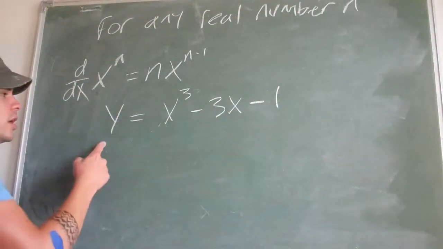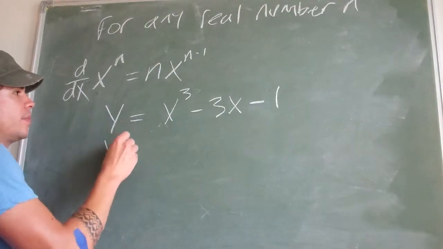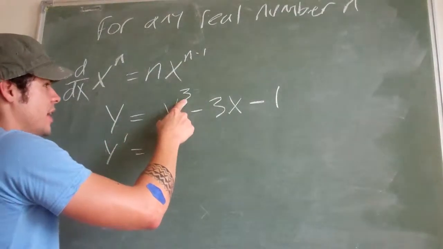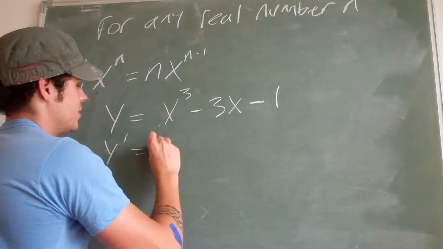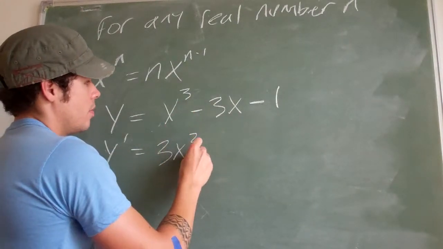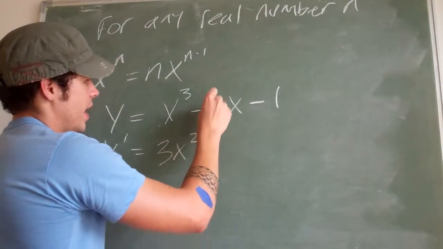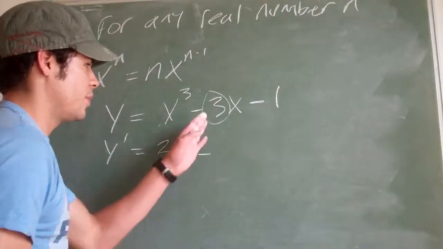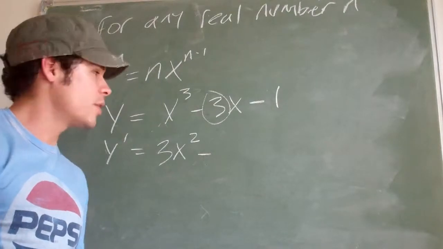Sure. y prime is equal to, I'm going to treat this as n, so 3x to the 3 minus 1, which is 2, minus, and then here we have a rule that says if we have a constant multiplying, we just keep the constant there, we don't even worry about it.